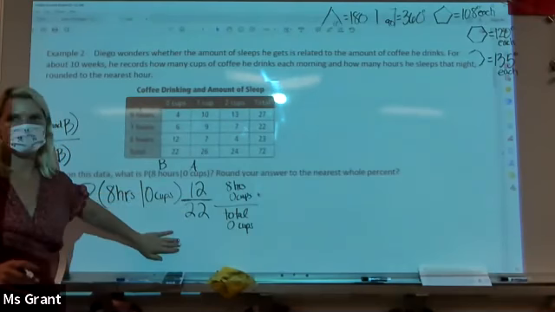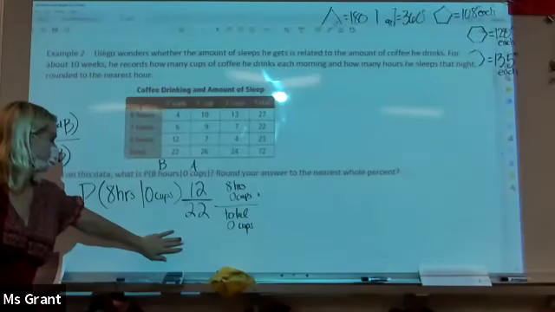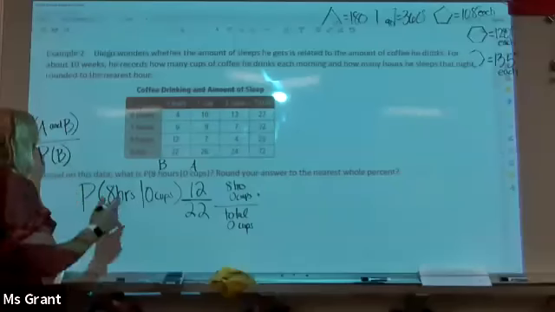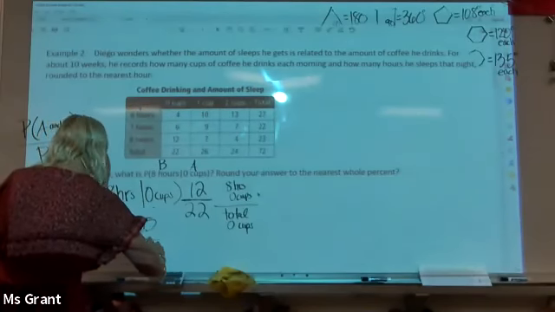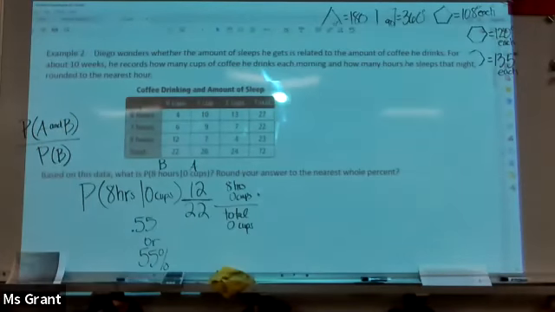Divide. Someone here in class. Good. So it's this as a decimal, and it says to the nearest percent, round to the nearest percent. Round your answer to the nearest percent.